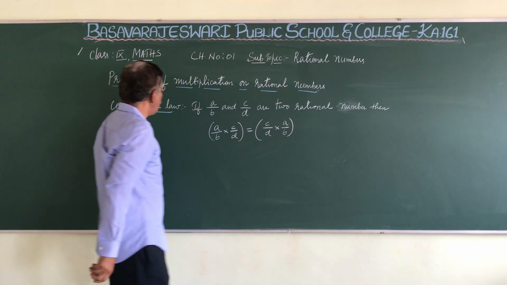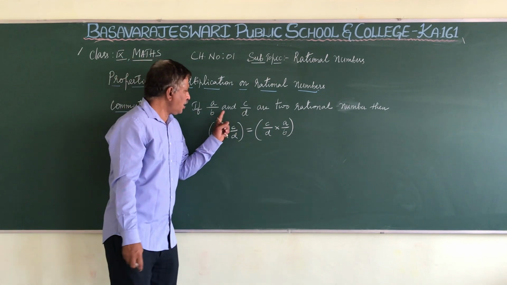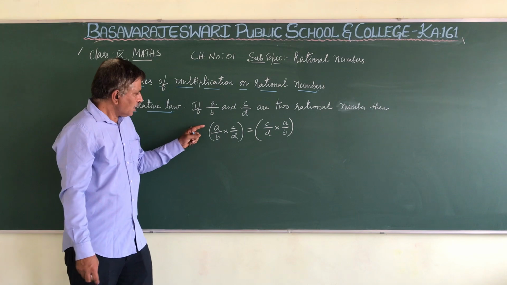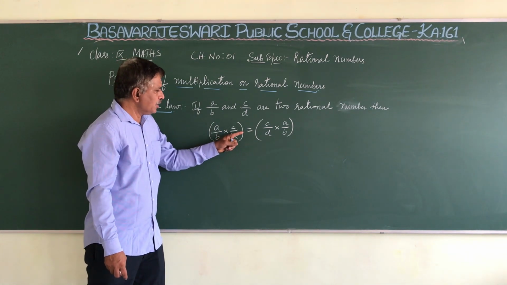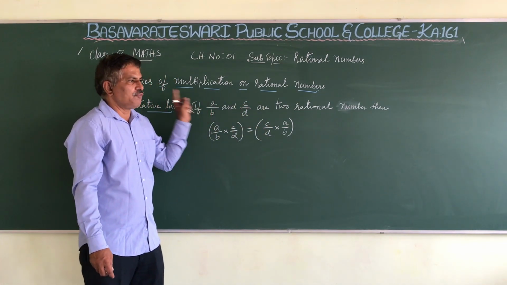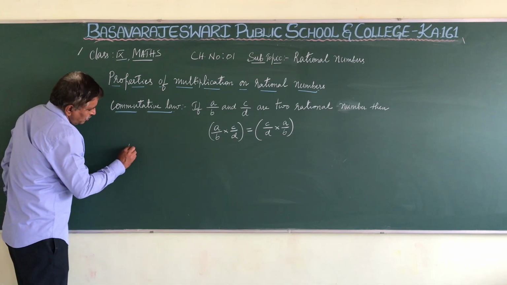So this is the commutative law of multiplication. If a/b × c/d is equal to c/d × a/b, then we can tell that the commutative law holds good.